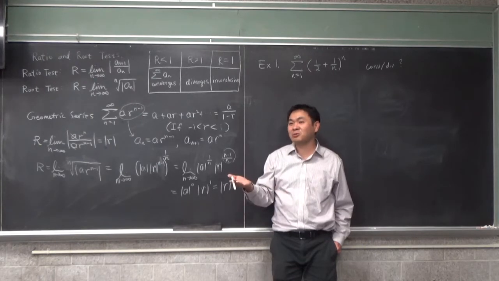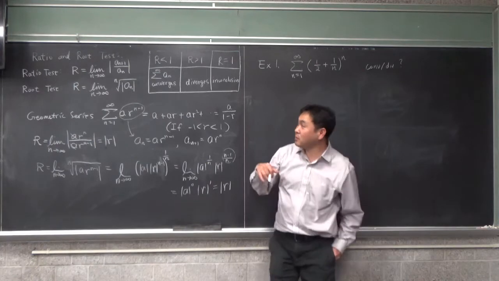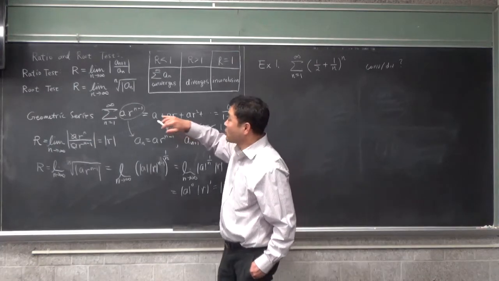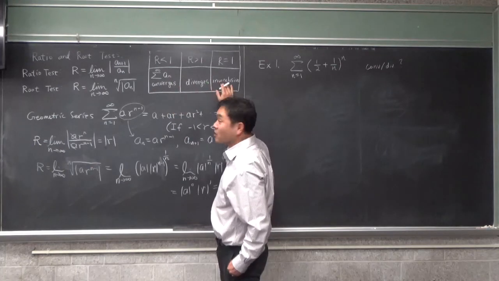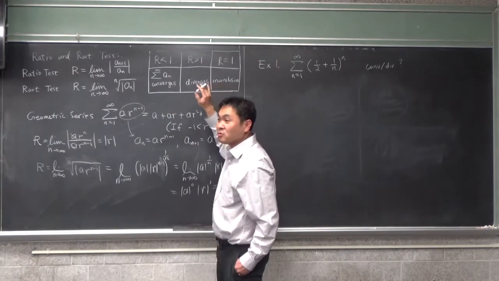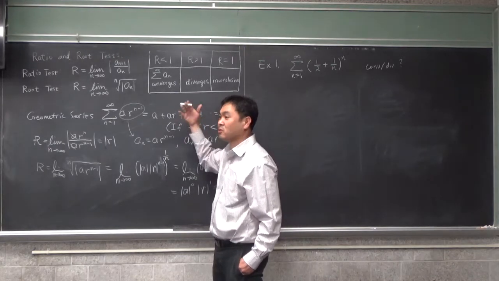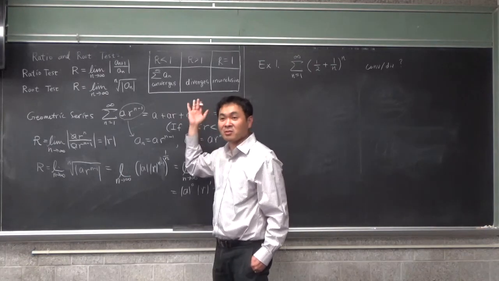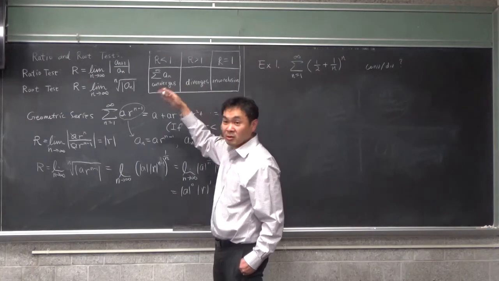And in that case, what do you do? You have to take another test, right? So if you have performed the ratio test or root test and got inconclusive, that means you have to take a different test. You have to use the limit comparison or whatever other test that's available. Those are the things that you have to use if these don't work out.